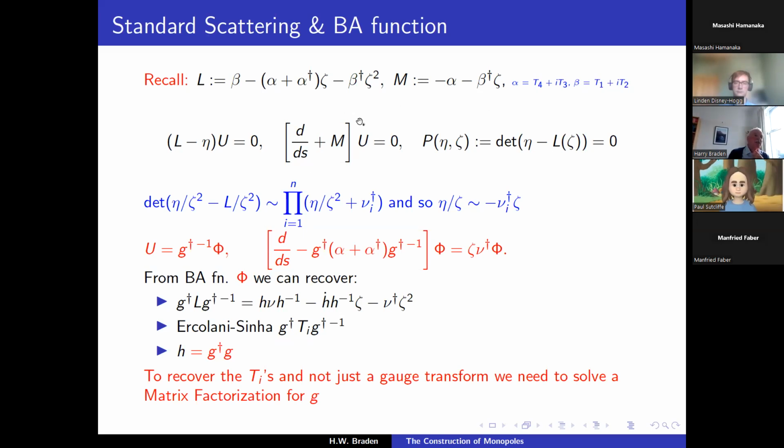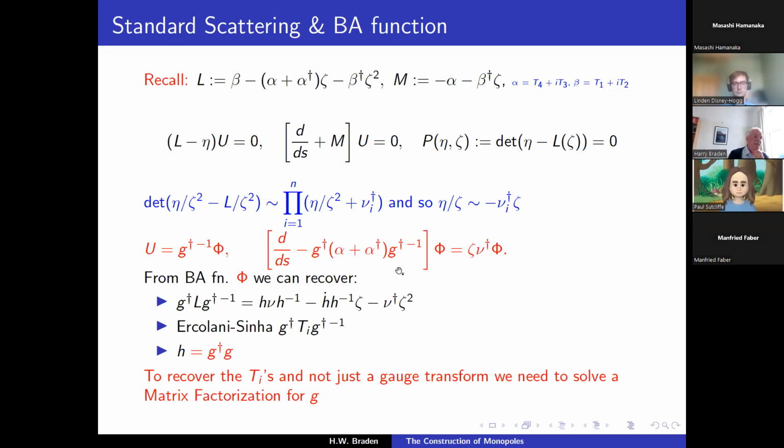So this is not a standard scattering equation, but we can gauge it, and indeed we've seen the right object to gauge it with: the eigenvectors of beta that we saw earlier. If we make that gauge transform, our equation goes to the standard scattering form, and I can recover the Baker-Akhiezer function.